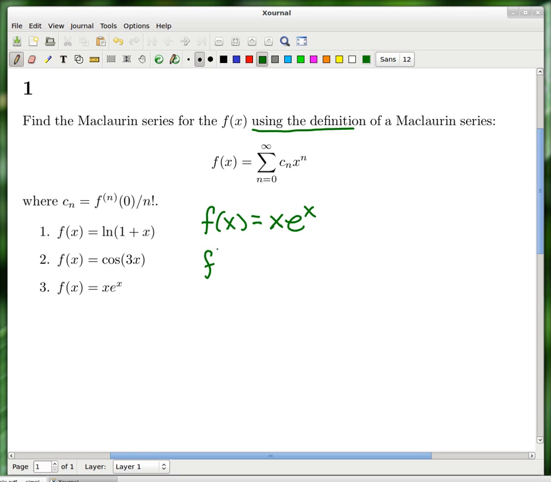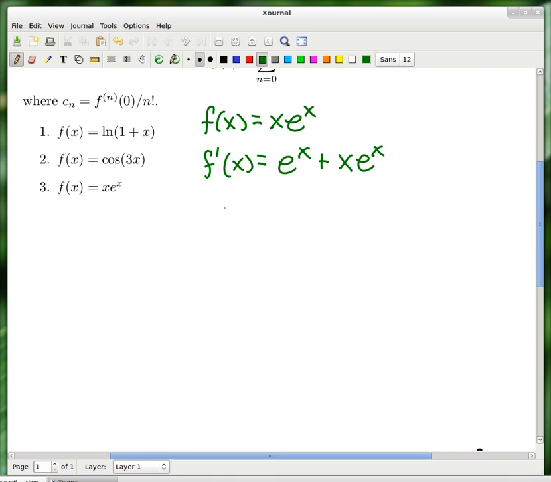And now f prime of x is going to be, using the product rule, e to the x plus x times e to the x. And let's just keep going here and see if we can figure out a rule. So now the second derivative is going to be, just leave this first part alone, and now it's like the head of it spawns.